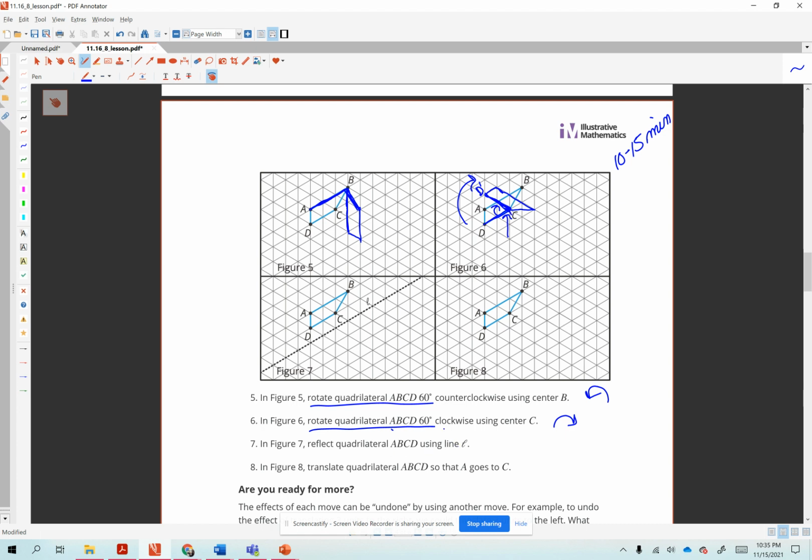Reflect quadrilateral ABCD across line L. So here's our quadrilateral ABCD. So I'll reflect it point by point. C will go here. D will go there.